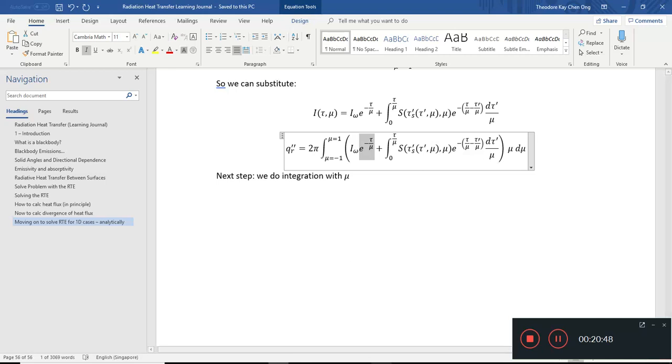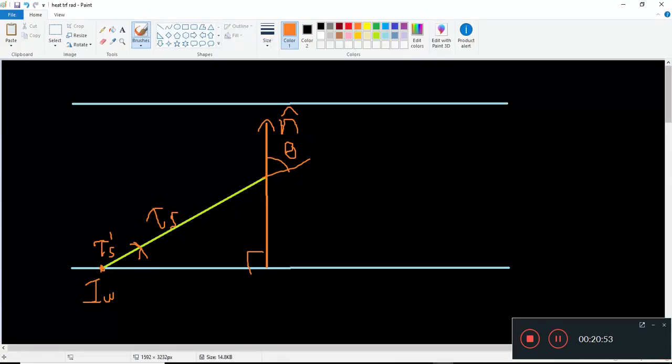So it depends on this length, tau s, because tau s equals tau over mu, where mu is actually cosine theta. So mu equals cosine of theta.